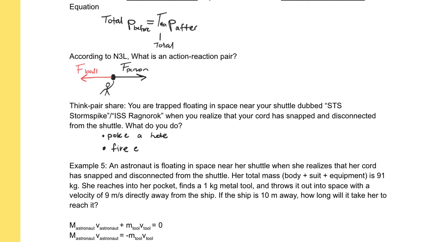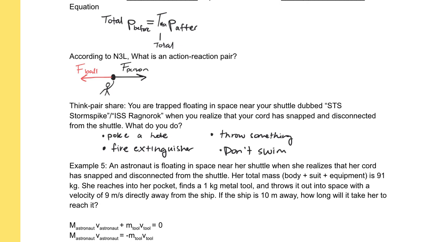You would get a fire extinguisher if you were WALL-E. Y'all know that scene in WALL-E, where he has a fire extinguisher and he just moves because he's using it. Or you can throw something. Things that you wouldn't do, you should not swim.